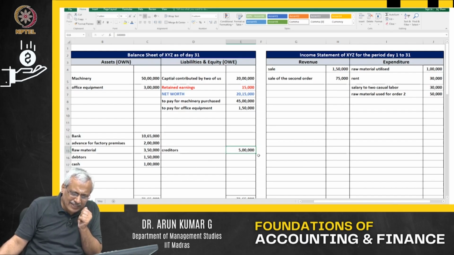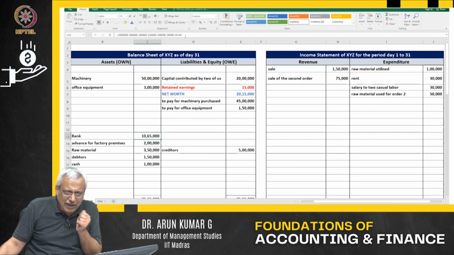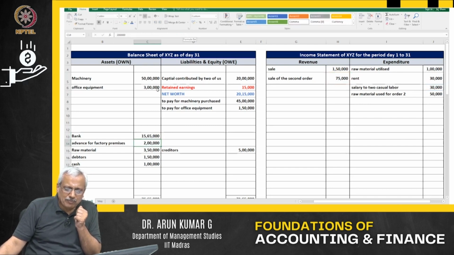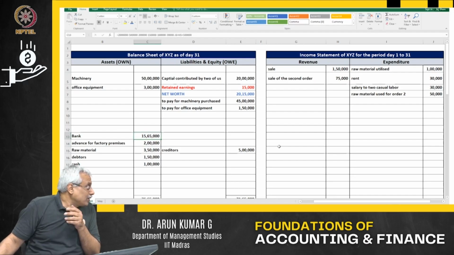So when I pay on 30-day credit, what happens? My bank balance, which was basically so much, now reduces by 500,000. Corresponding, out of the 4 heads, another head is going to be impacted.